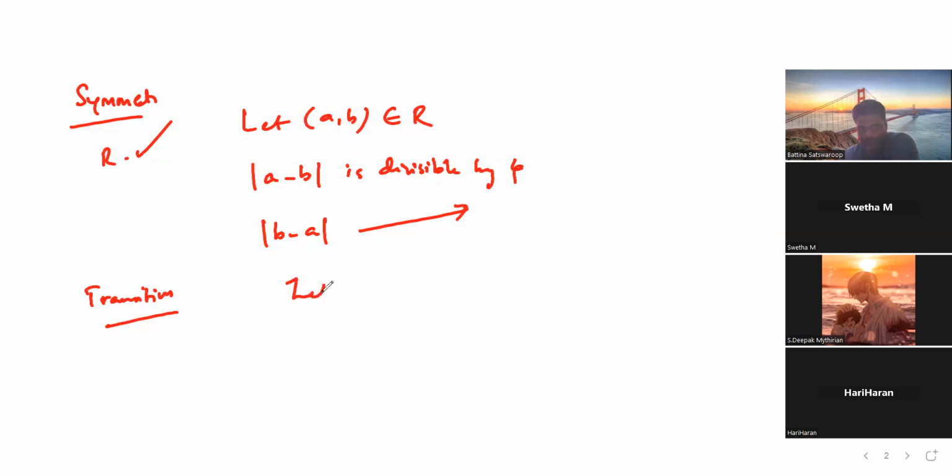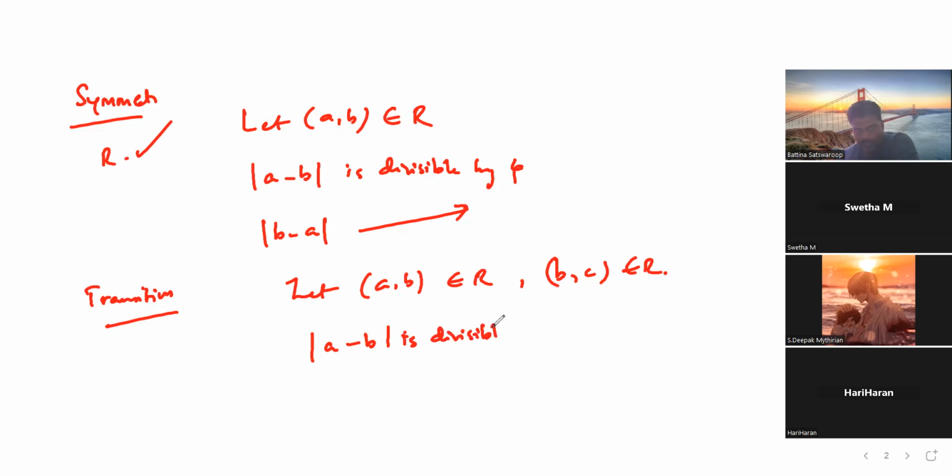Let (a, b) belong to R and (b, c) belong to R. Modulus of a minus b is divisible by 4, which I will write as modulus of a minus b = 4 lambda. Removing the modulus, a minus b = plus or minus 4 lambda.